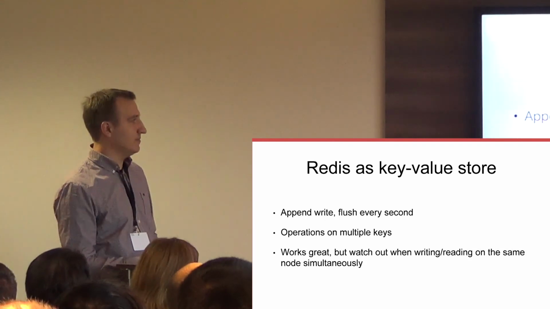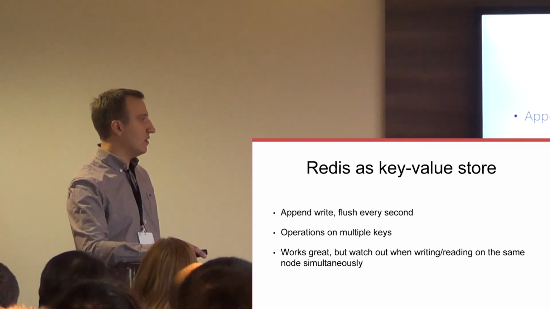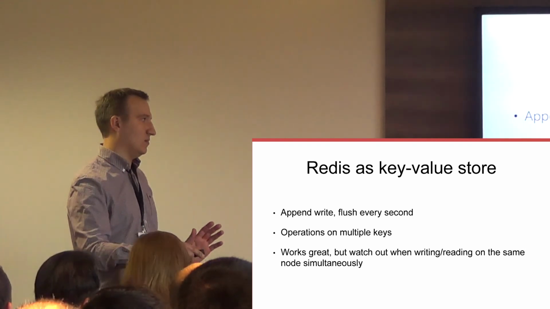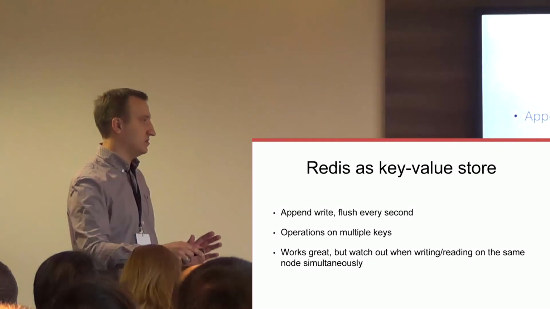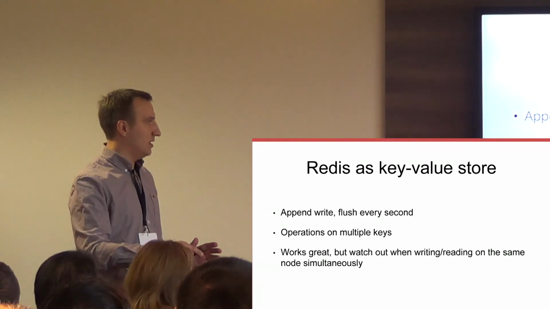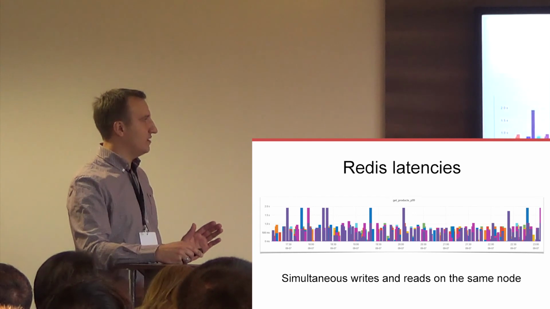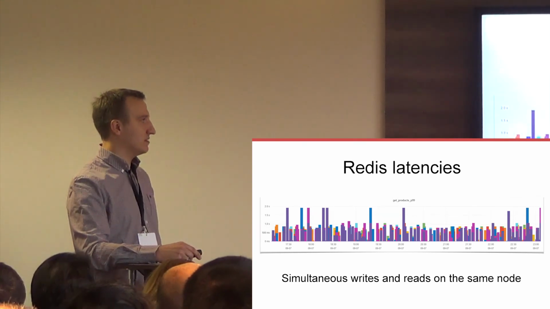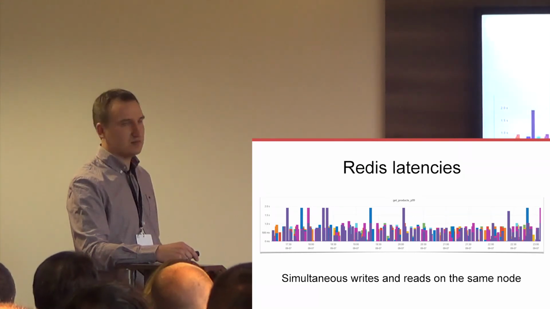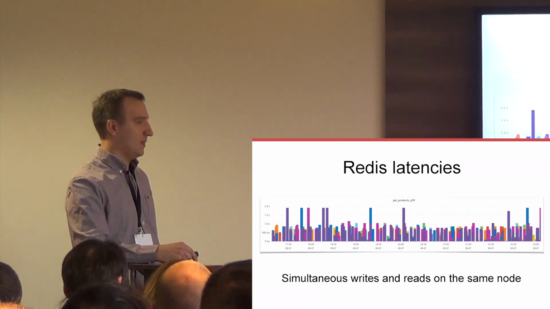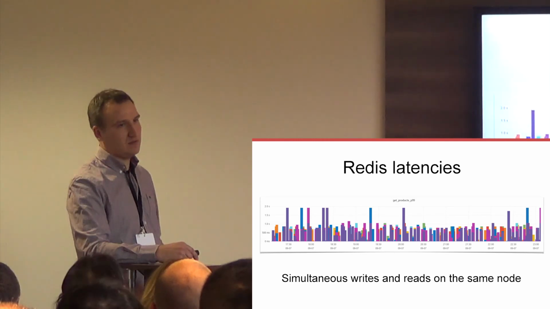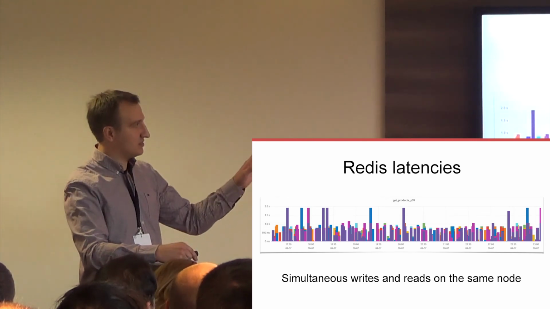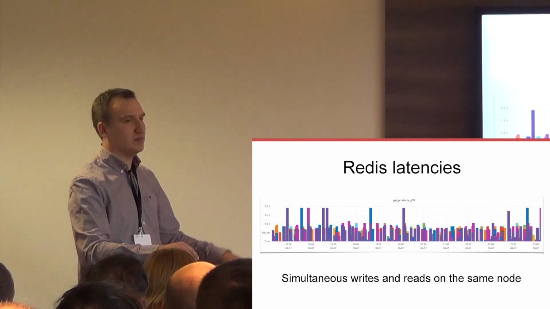It works great, but the main flaw is that you must watch out while writing and reading simultaneously on the same node. If you write and read at the same time intensively, you can get latencies like this. As you can see, even though it's an in-memory data store flushing to disk every second, you can get 99th percentile latencies of up to 1 millisecond.